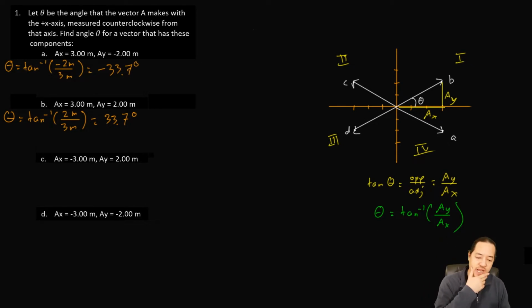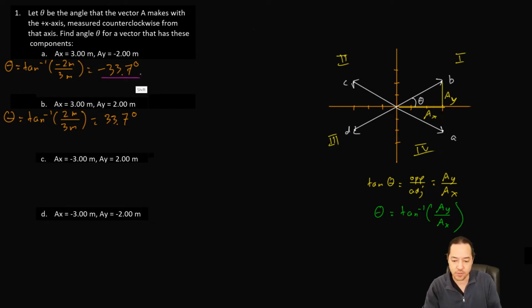Okay, so for A to have an angle here of -33.7 degrees, it seems like we're going now clockwise, right? So this gives us an angle theta of 33.7 degrees clockwise, in the negative direction. That makes sense. I see how we could accept that. So we could accept this as our answer, just like we accept this one as our answer.